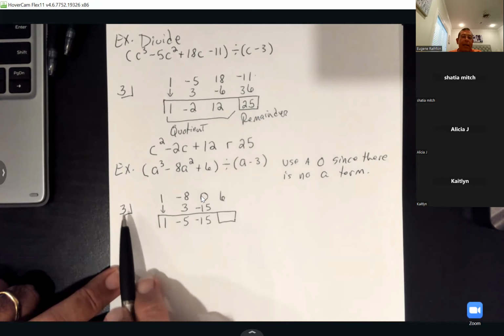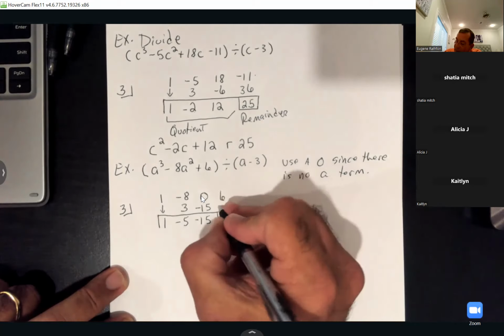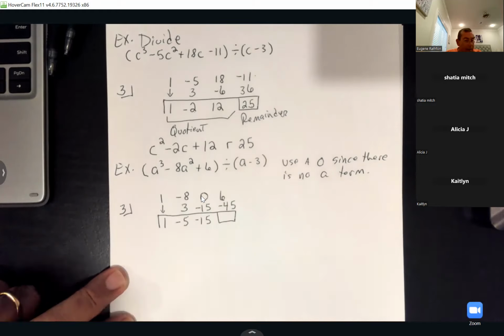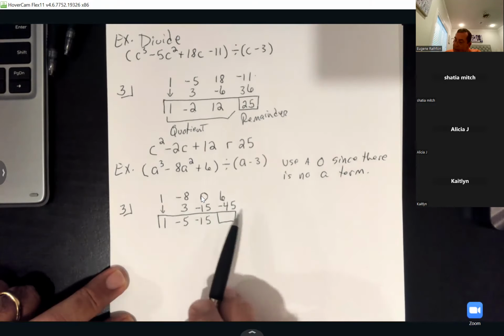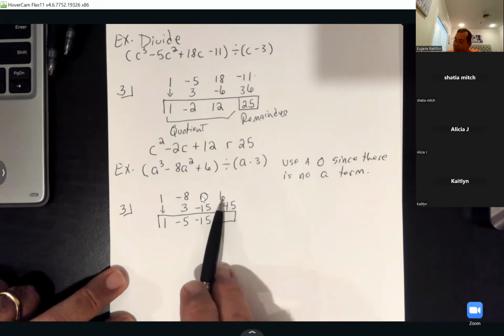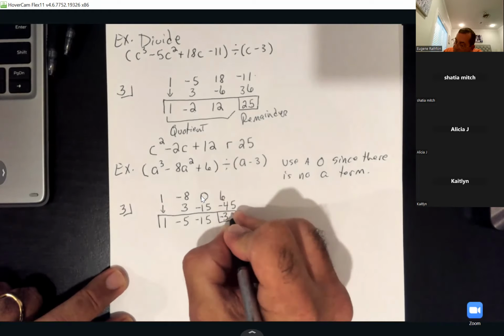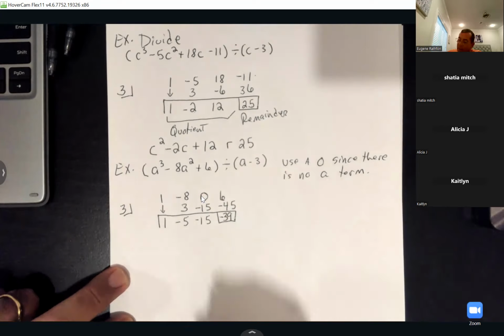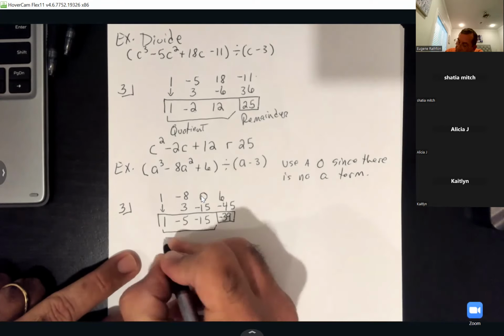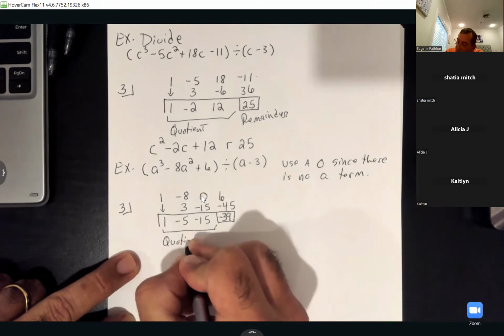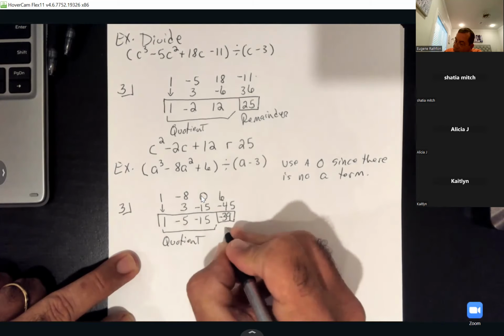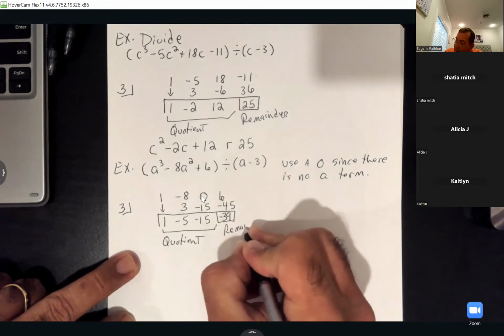Negative 15 times 3 is negative 45. So let's see on this, negative 45 and 6, give me what? A negative 39. So here's my quotient. And then here is our remainder.